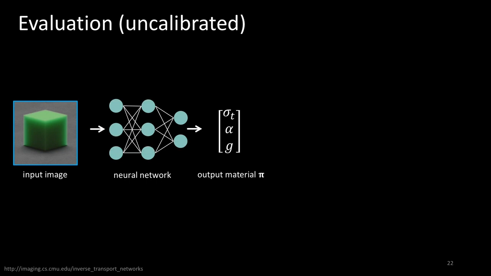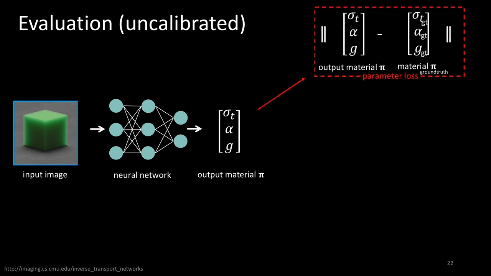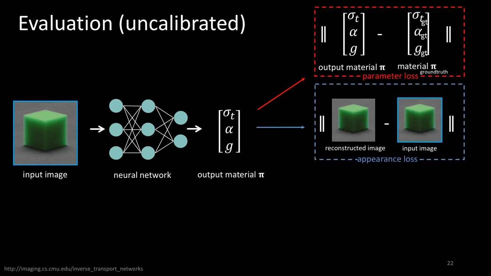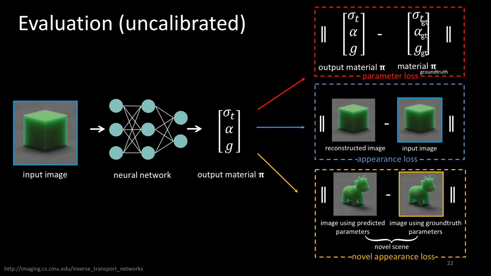We use each network to predict material parameters and evaluate the predictions using three metrics: a parameter loss comparing it to the ground truth parameters, an appearance loss comparing the reconstructed and input images, and an appearance loss between renderings for novel lighting. Here are some examples.